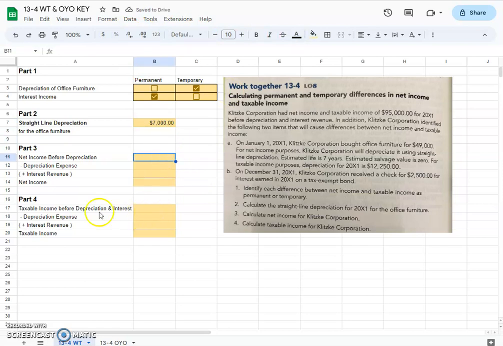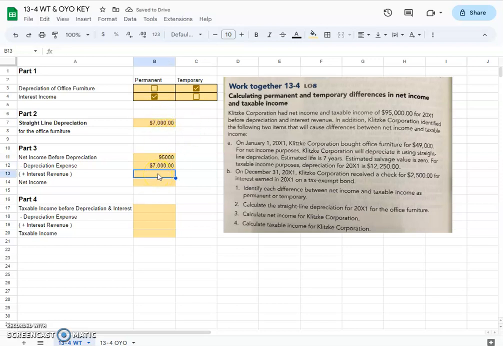Okay, so part 3, calculate our net income. Our net income before depreciation was $95,000. We'll take away our depreciation expense, which is the $7,000 we calculated here.